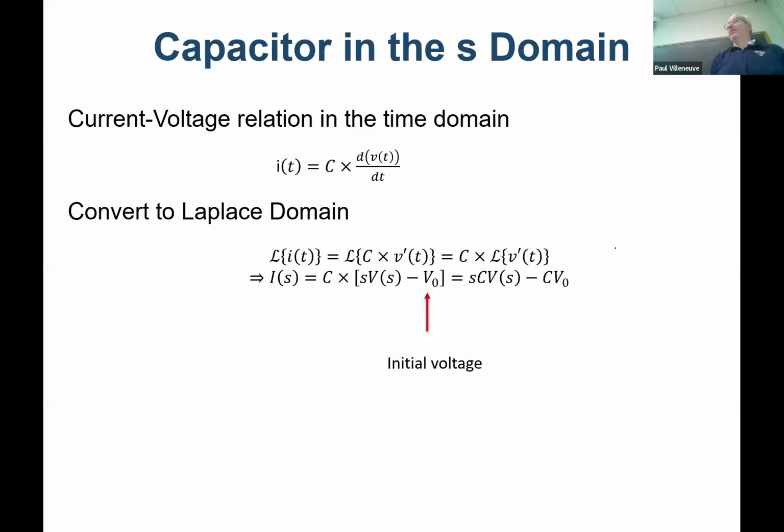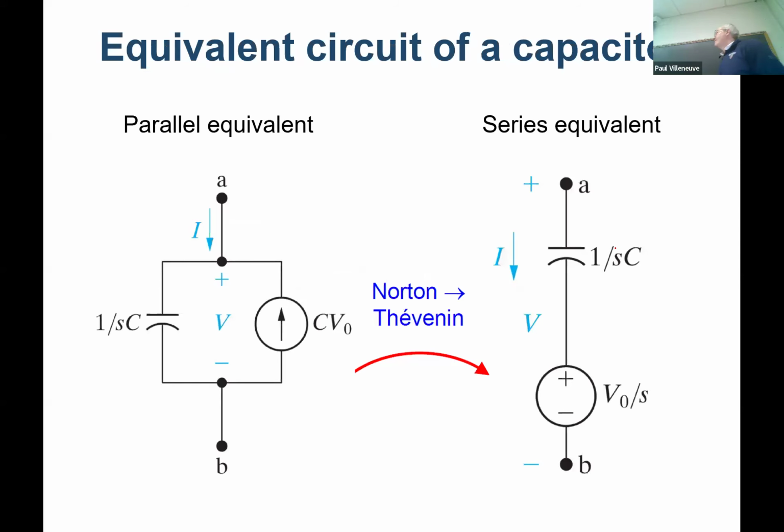Schematically, if we actually want to draw what the equivalent circuit diagram is going to look like, same exact thing. We have a capacitor. That's no longer just a capacitor now, right? We have 1 over sC.